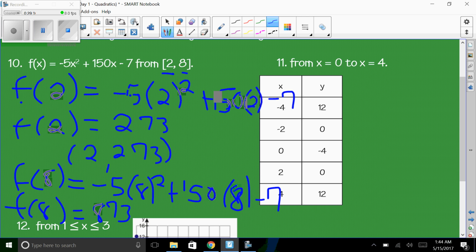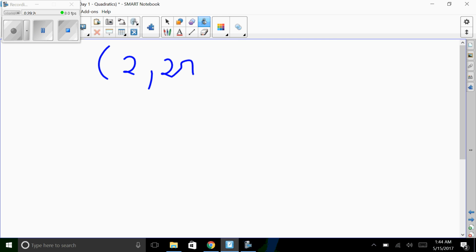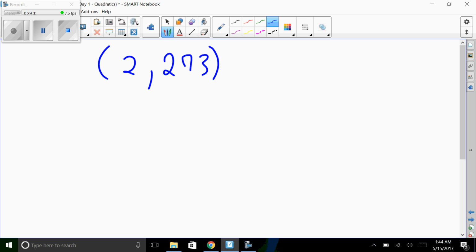So I'll start on the new page here. The first coordinate was 2, 273. And the second one was 8, 873. Now we're going to find the average rate of change, but it's kind of like finding the slope.